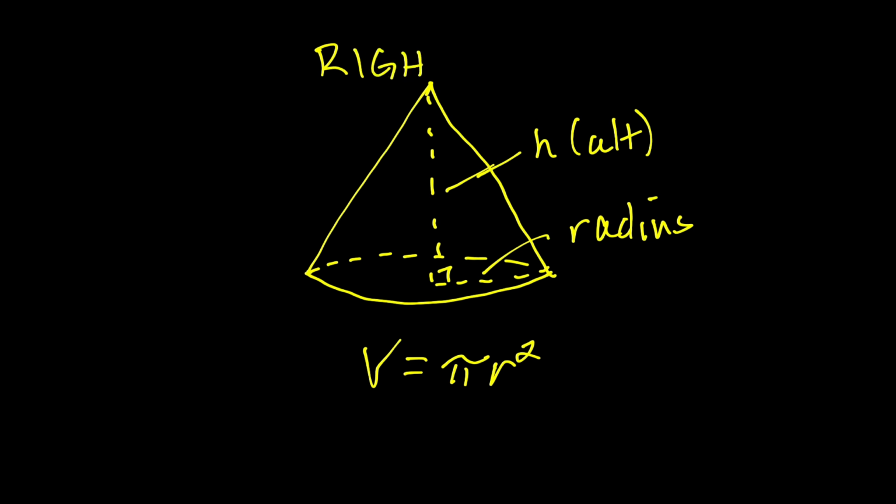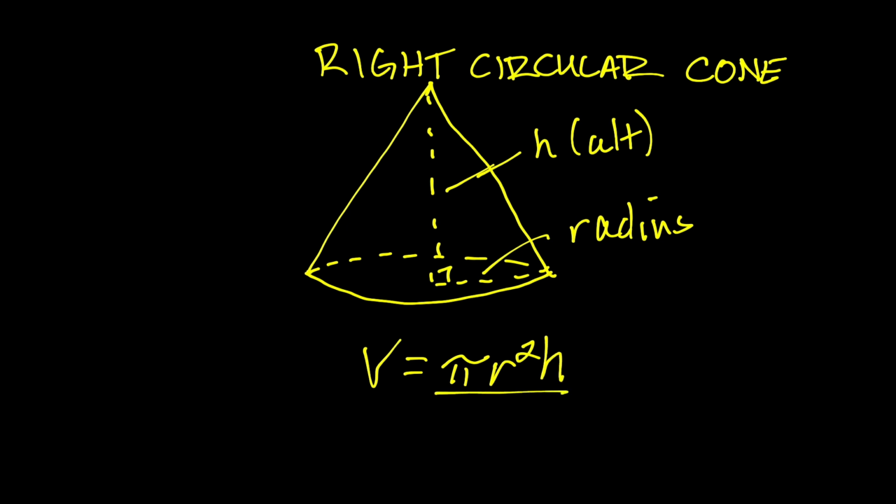So let's write that down here: right circular cone. I misspoke. It's the area of the base times the height divided by 3.